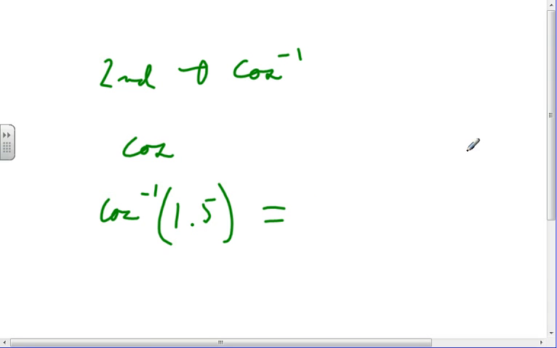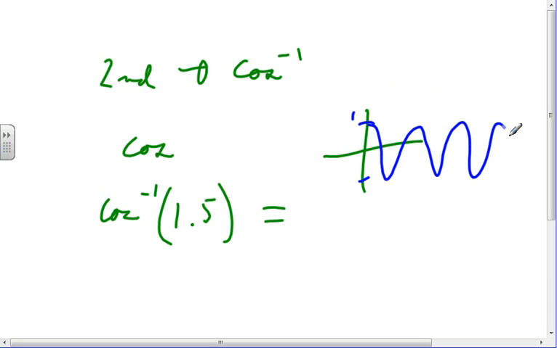All right, so my cosine function starts at 1, goes down to minus 1, goes back and forth and back and forth. So I just put in my calculator, I wanted the arc cosine of 1.5. Where does that cross that curve anywhere? It doesn't.